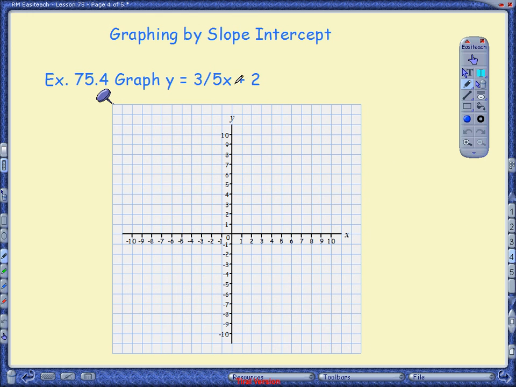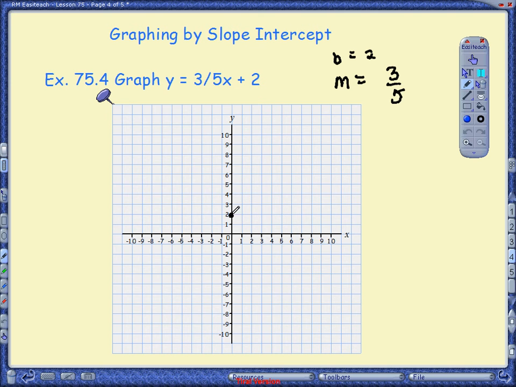Okay, the next one we need to do is graph this. Well, graphing becomes very easy when we have this. We first want to graph b. So our b is positive 2. I'm going to put a dot at positive 2. Then we're going to use our slope, positive 3 over 5.